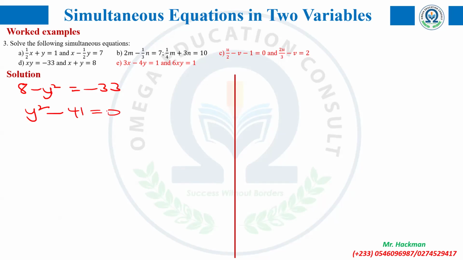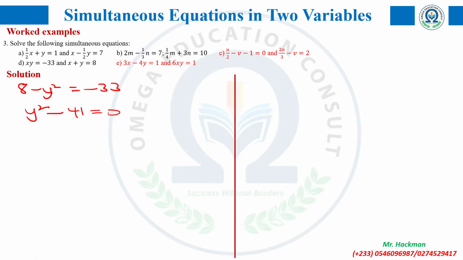At this point, per your level of understanding of factorization, are you able to factorize this? First, the first term is a square of a term. You check if 41 is a square of a number. Find the square root of 41. If it gives you an integer value, then it's a perfect square. If it doesn't, it's not.